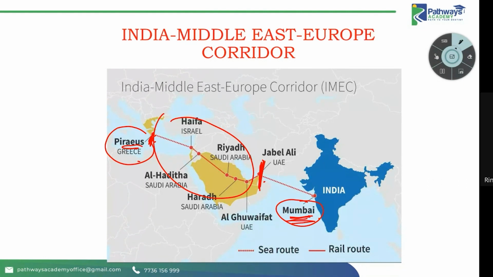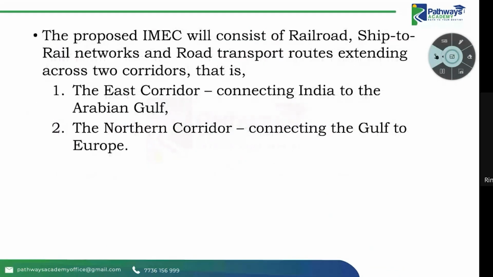That means it has two corridors, the east corridor and the north corridor. The east corridor connects India to the Arabian Gulf. The north corridor connects the Arabian Gulf to Europe.